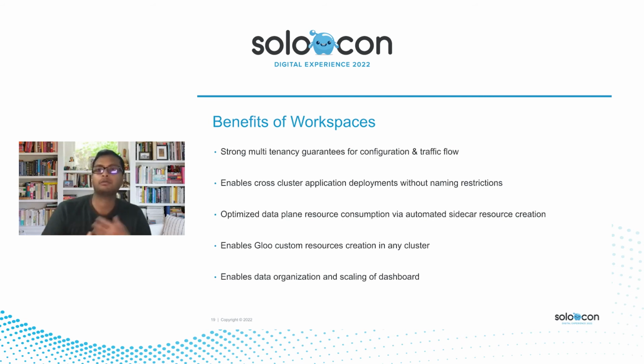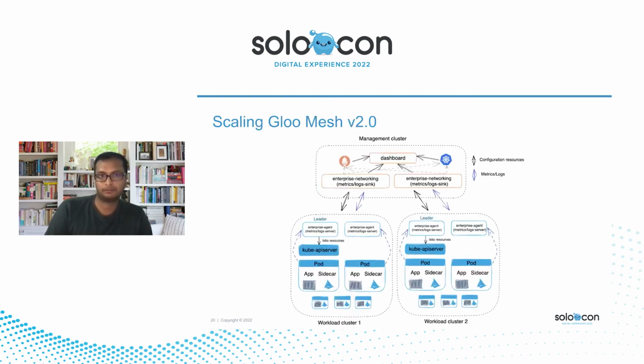They're all oriented around this workspace, and it makes it very easy to scale our backend systems and our front-end systems. So this is, in summary, what the 2.0 scaling looks like for Gloo Mesh, right?